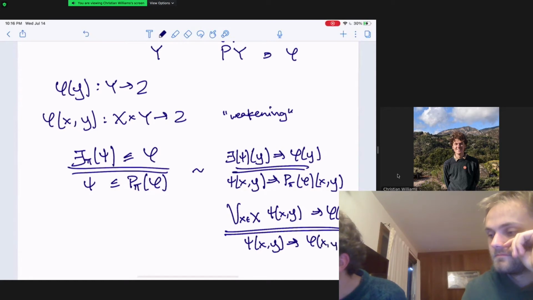You can just make up some notation to mean that the x is a dummy variable.